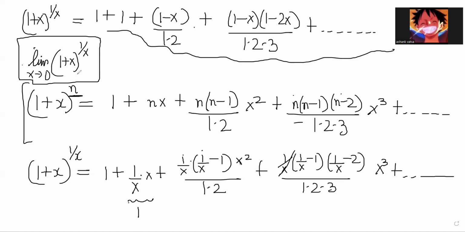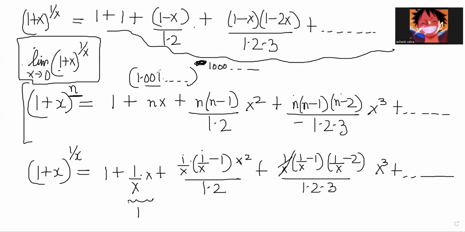So that means it is 1 plus something small. It might be like 1.001 or something. And whole to the power 1 by x will be a big number, something big like 1000 or bigger than that if x is small, right?